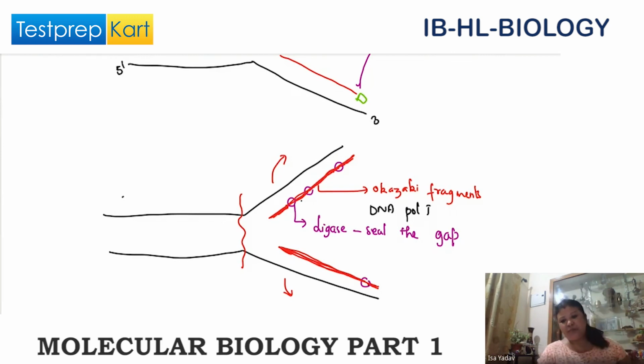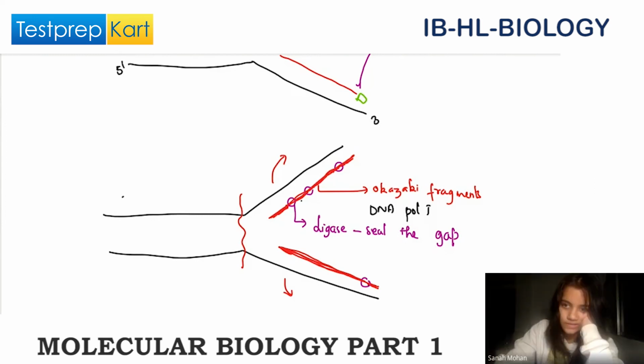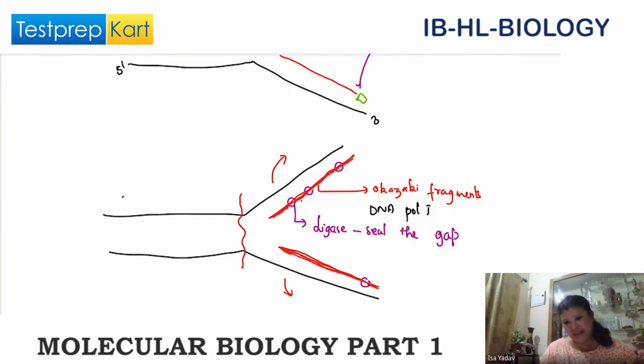The pasta is made up of flour, which is starch, right? The pasta will be prepared in olive oil. A little bit of olive oil will be there, and oil is lipids.